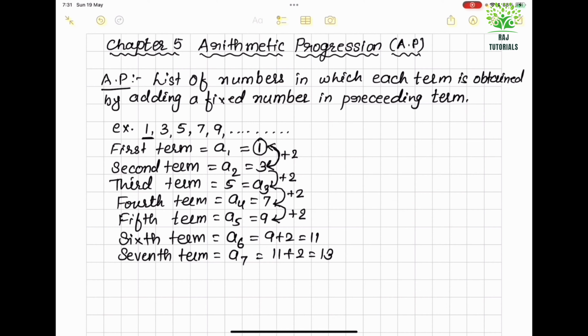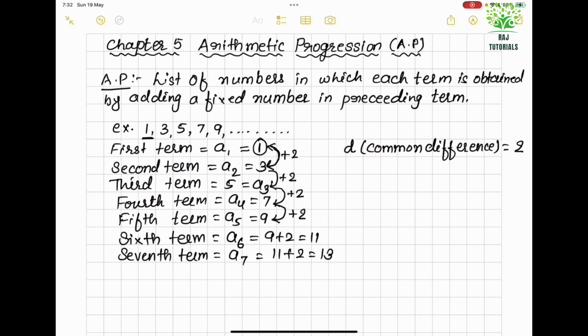Now see here, this plus 2 is called D, that is the common difference. Here it is 2. It can be plus, it can be minus, it can be 0.